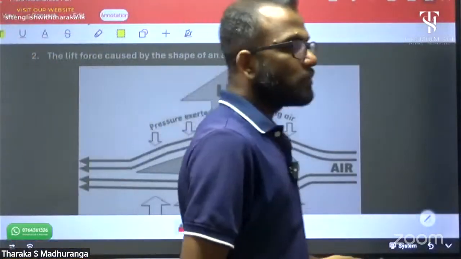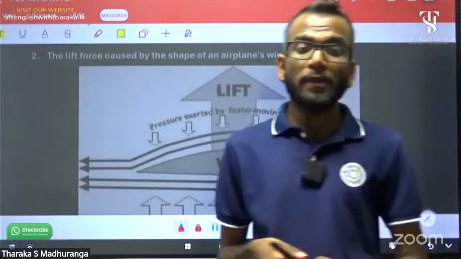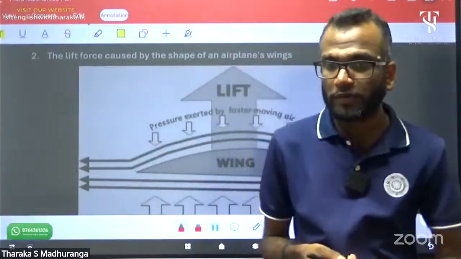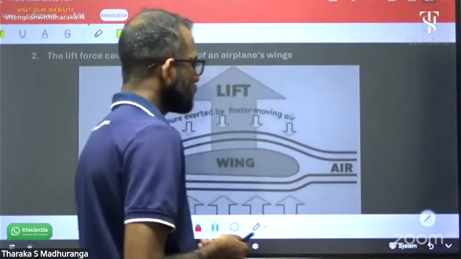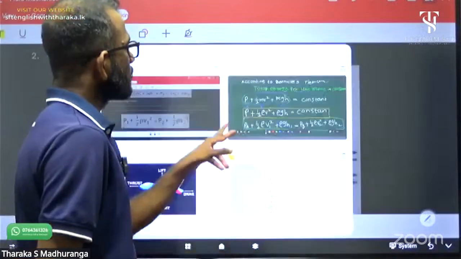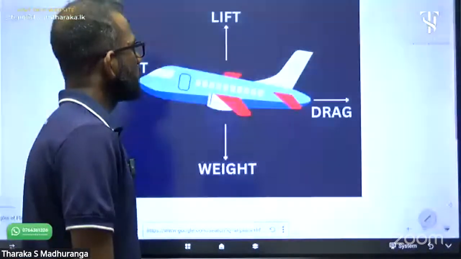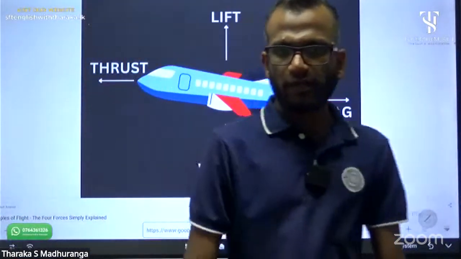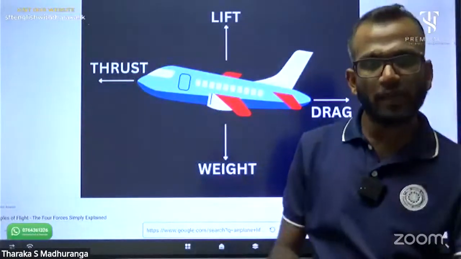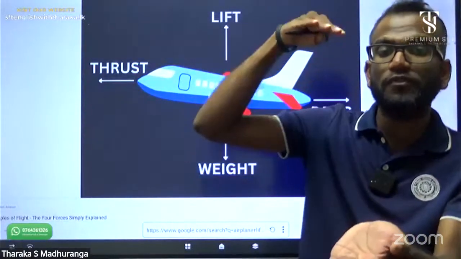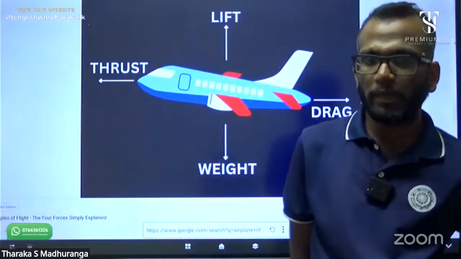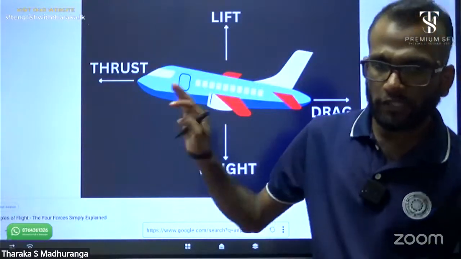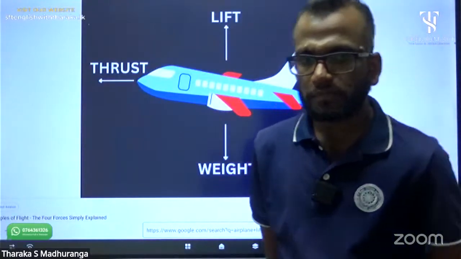You know, the airplane has a specific shape, no? It has a specific shape like a bird or a fish. Right, overall shape.